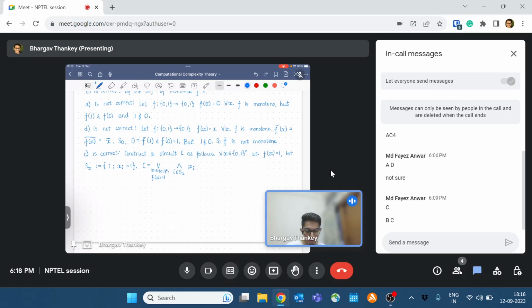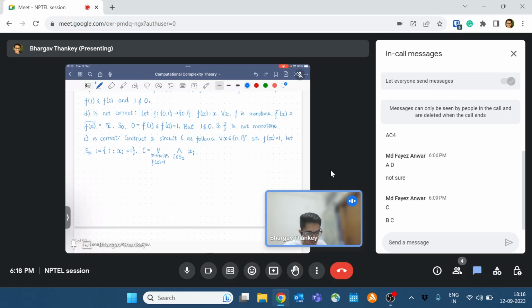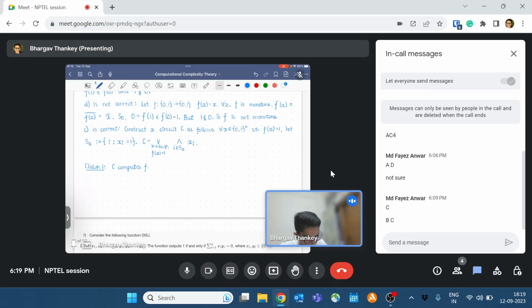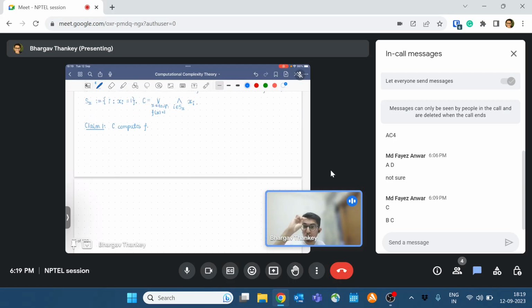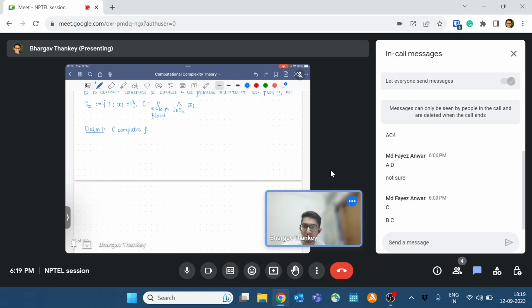Before I prove that this circuit computes f, is the definition of the circuit clear? In the meantime, let me write down the claim. I hope the definition of the circuit is clear. So then let's write.